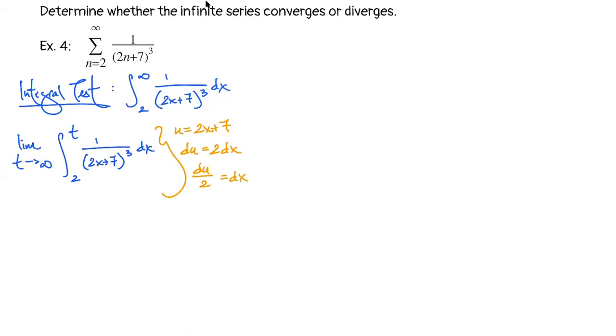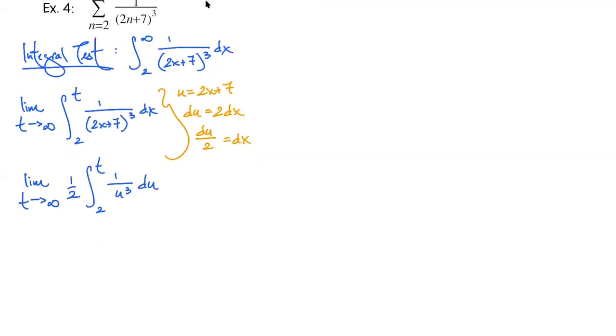And so when we plug that in, we're going to get the limit as t approaches infinity with a 1/2, the integral from 2 to t of 1 over u cubed du. And so that's nice because all we need to do is use the power rule.